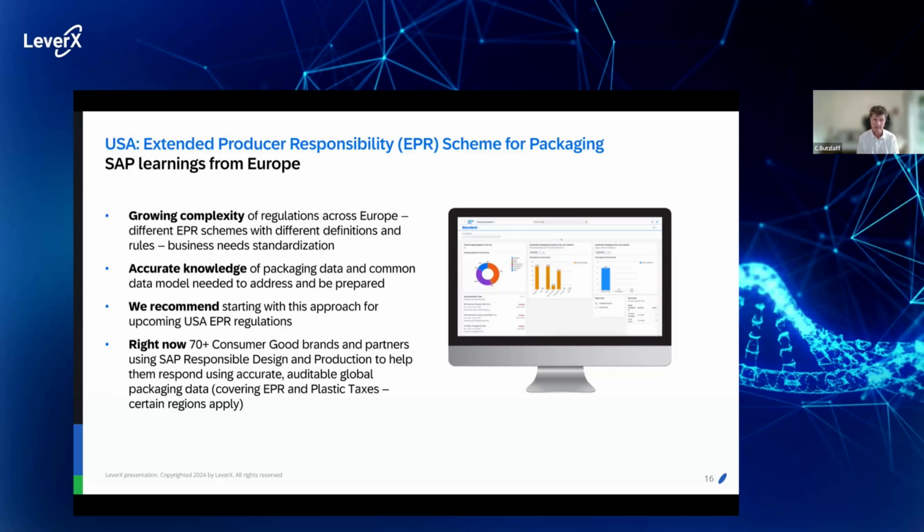In Europe, as I mentioned, they're a little bit ahead there with the EPR requirements. So we have more than 70 consumer goods brand customers using the tool, which I will present here in a second, Responsible Design and Production, really helping them to identify the packaging requirements, calculate the fees, and then ultimately also really driving change.